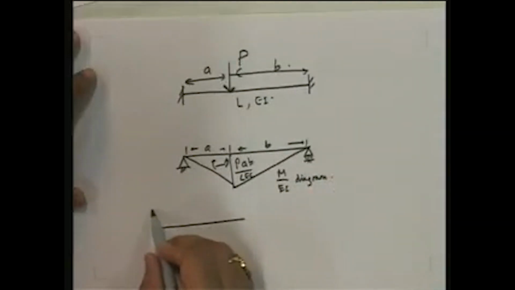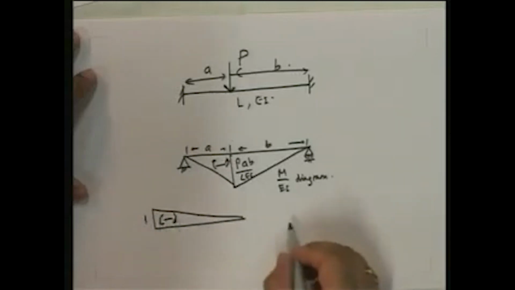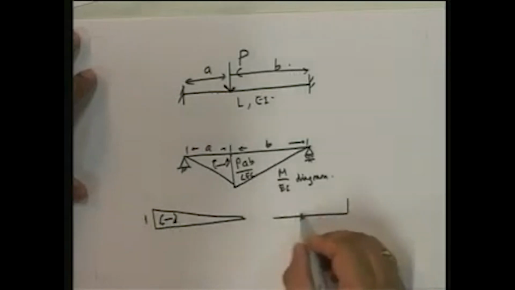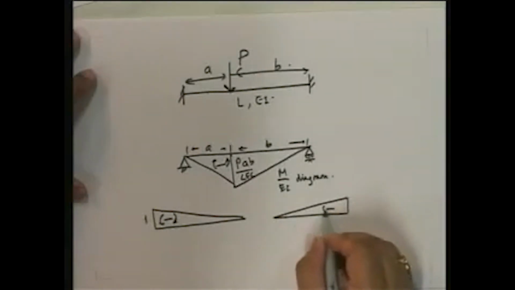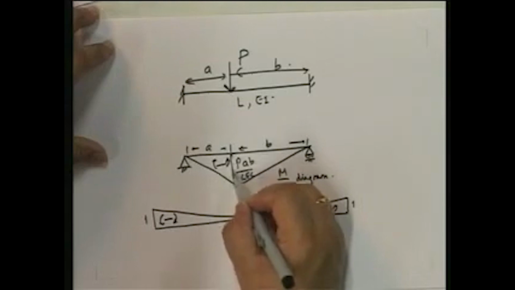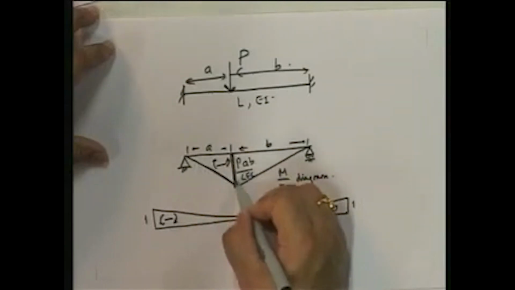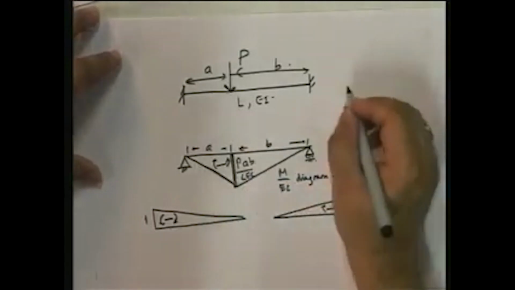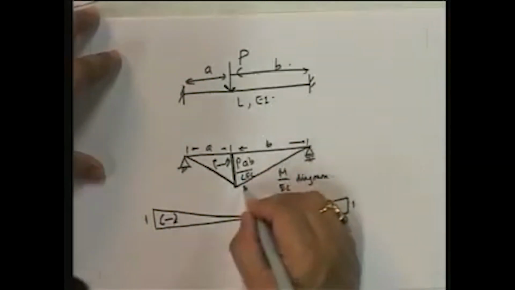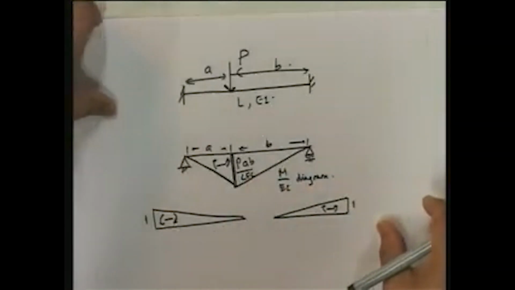Again, for theta AB, this is my virtual moment diagram, and for theta BA, this is my virtual moment diagram. And therefore, now these are two different, so let me find the area under this curve, and then I'll find the area under the other curve and add.